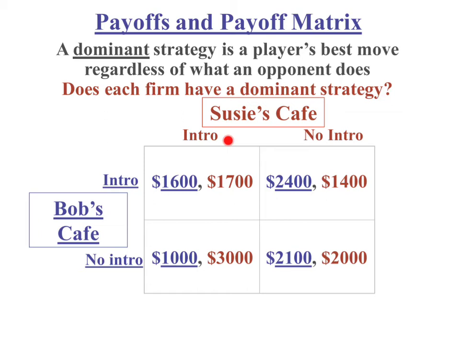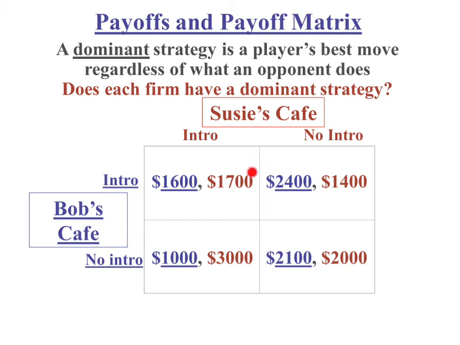If Susie is introducing the sandwich, okay, then Bob has two possible choices. If Susie intros, I'm only interested in looking at this section of the payoff matrix, okay? This payoff matrix indicates how much revenue Bob or Susie will get depending on the decision that they make.